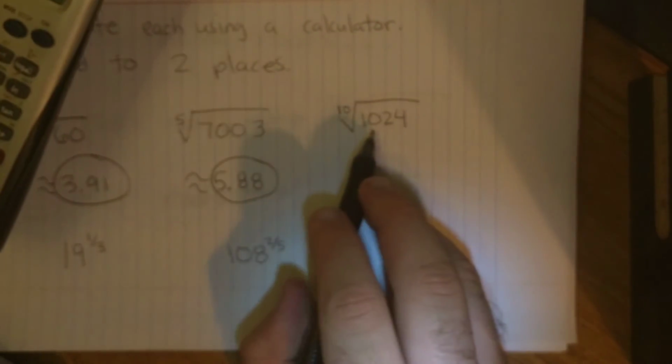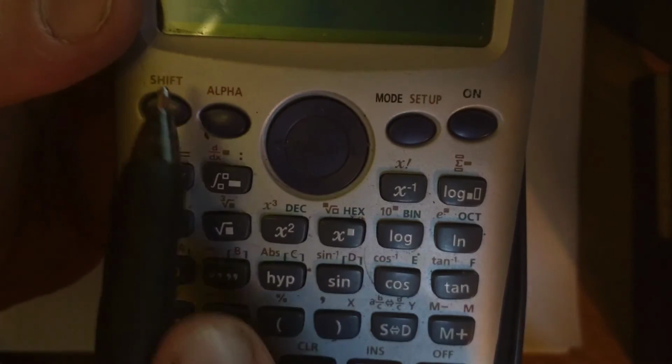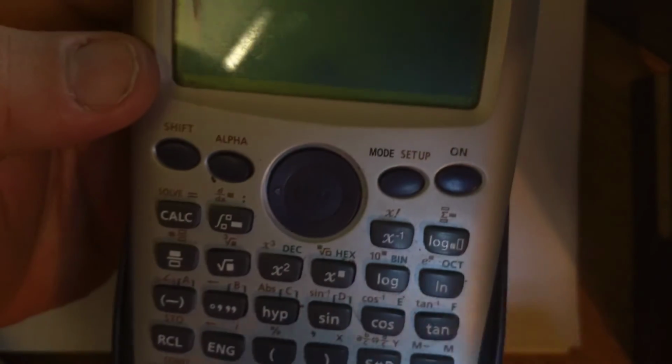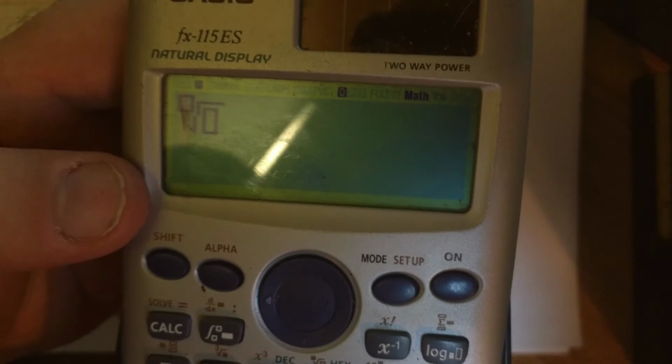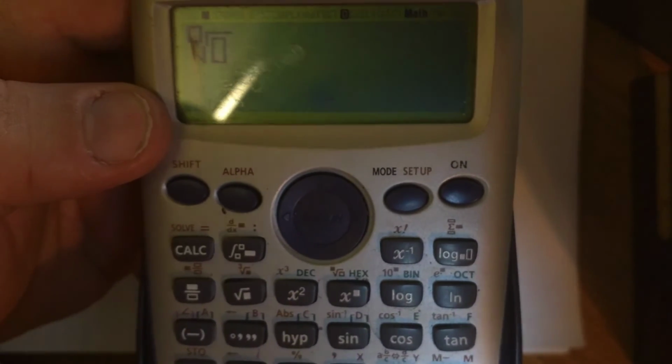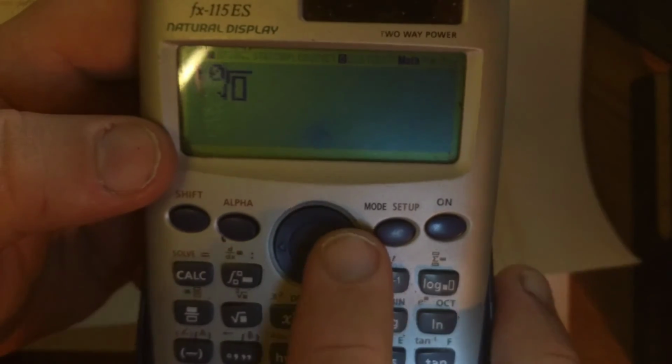Let's go ahead and do the 10th root of 1,024. Alright, so for the 10th root, I'm going to have to go back to this button right here. I'm going to hit the Shift. So I have my option to put a number inside the index. So my index is 10 in this case because it's a 10th root.